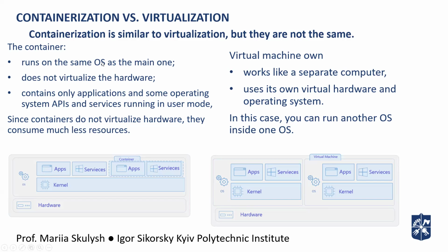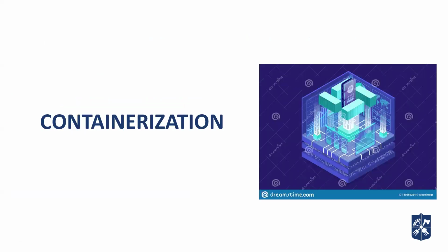A container runs on the same operating system as the main one and doesn't virtualize hardware, which is very important. It contains only the application and some operating system API for services running in user mode. A virtual machine, by contrast, is an exactly independent thing.